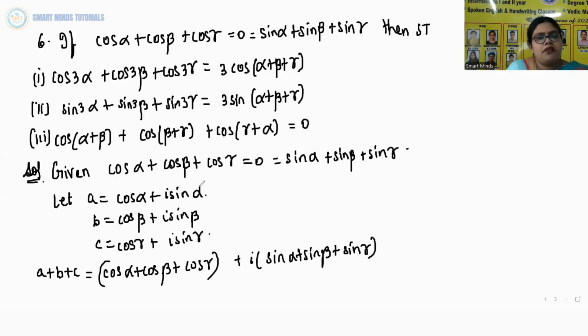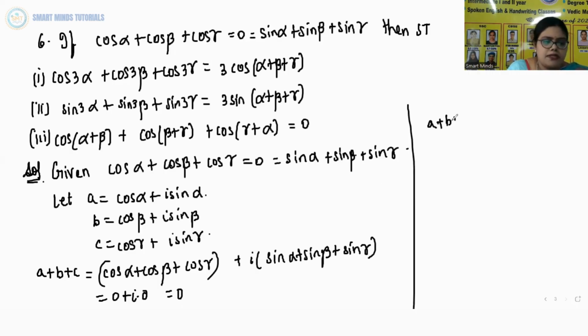But from the given, cos alpha plus cos beta plus cos gamma is 0, and sin alpha plus sin beta plus sin gamma is also 0. So that is 0, which means A plus B plus C is equal to 0.